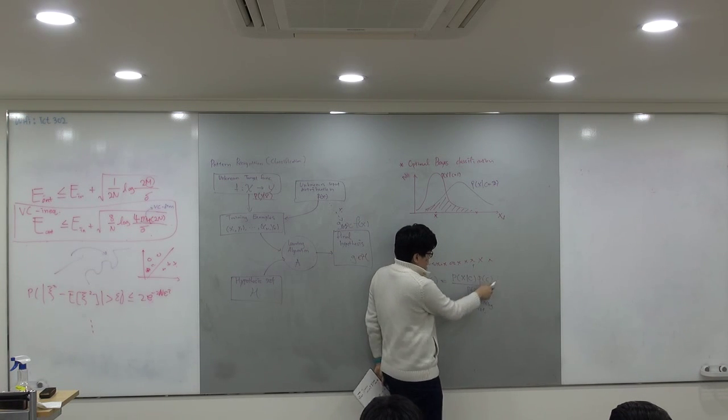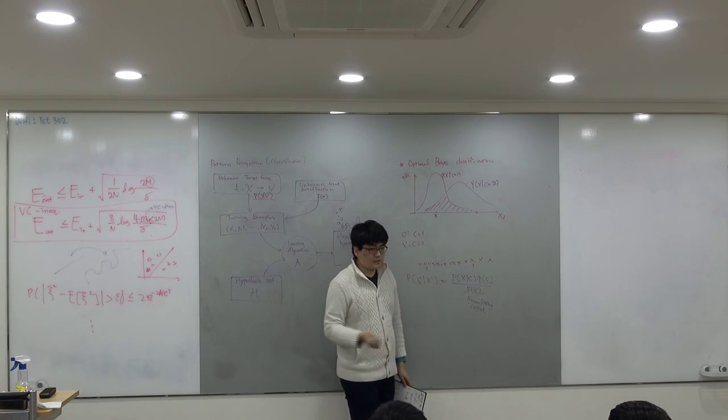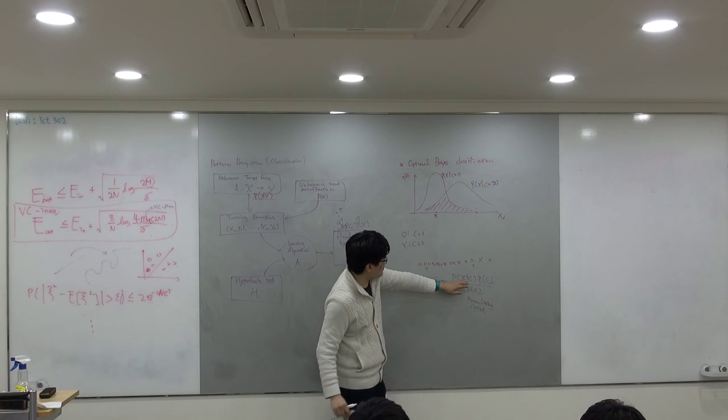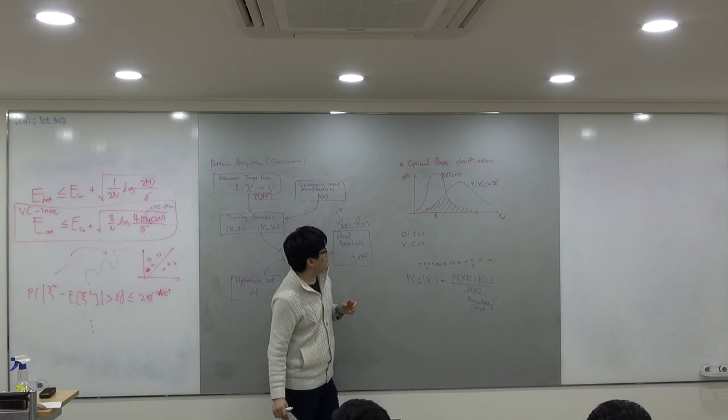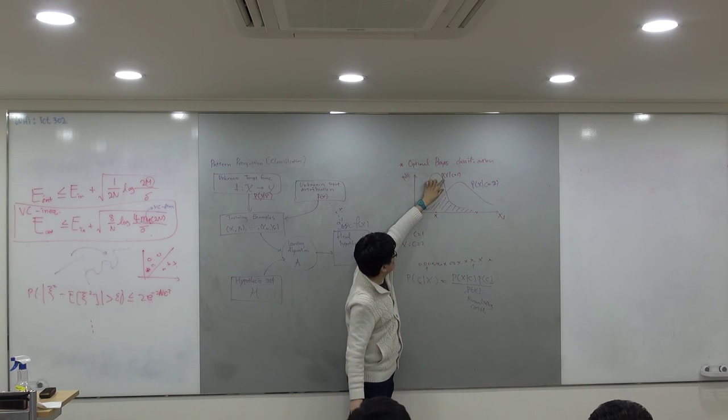So, if P of C is equal for class 1 and class 2, then you can just compare P of x given C as I drew here.